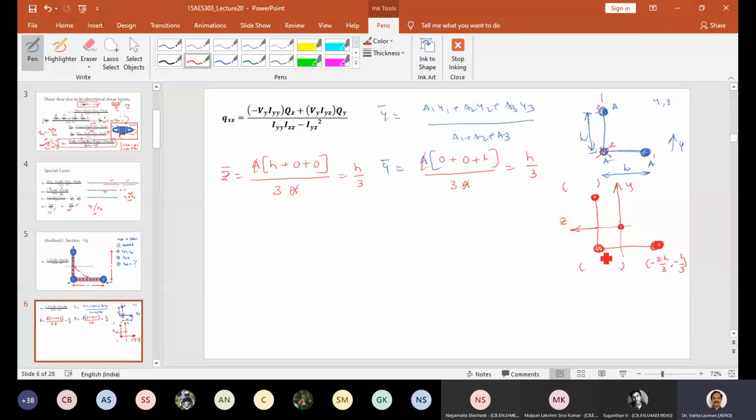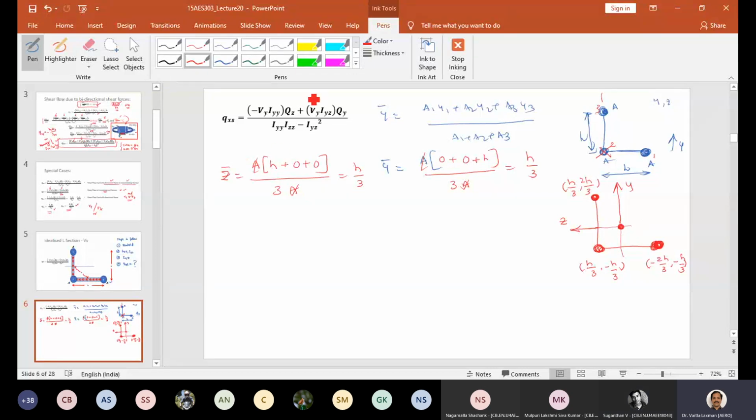What about this? Z is positive H by 3 and Y is minus H by 3. What about this case? Y is positive, Z is also positive, H by 3 and this is 2H by 3, sorry. Isn't it? Any doubts on this? No, sir.